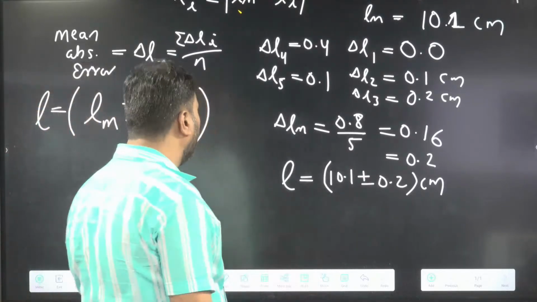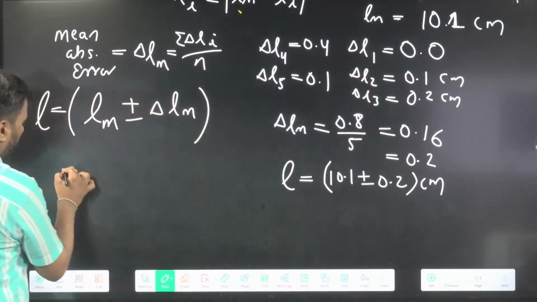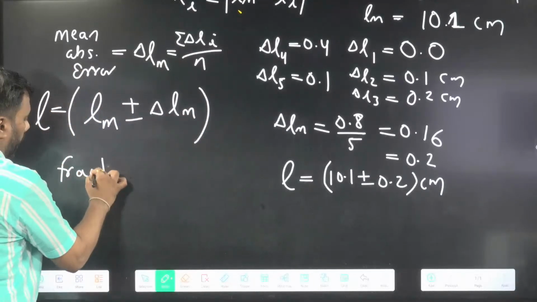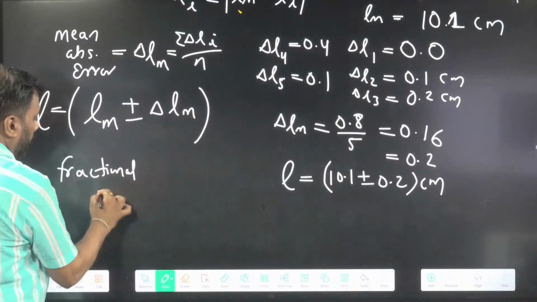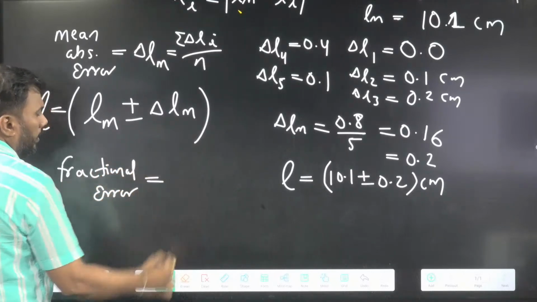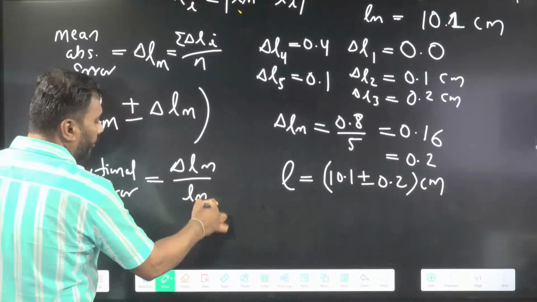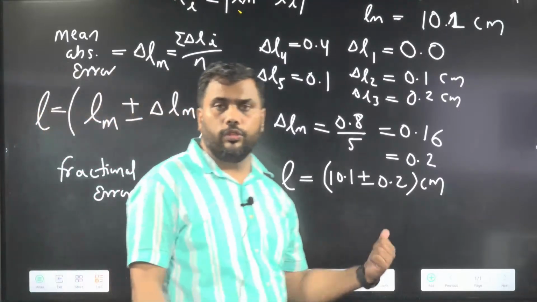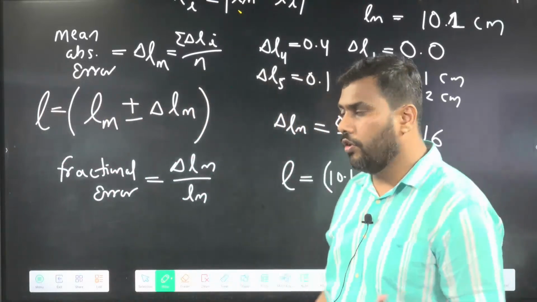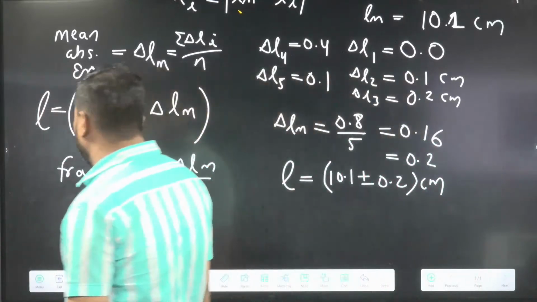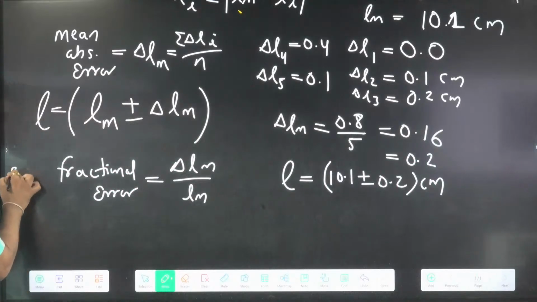There are some more small points regarding errors. Sometimes people ask fractional error. It's a very simple thing: the mean absolute error divided by mean value of physical quantity. This is called fractional error. They also call this relative error.